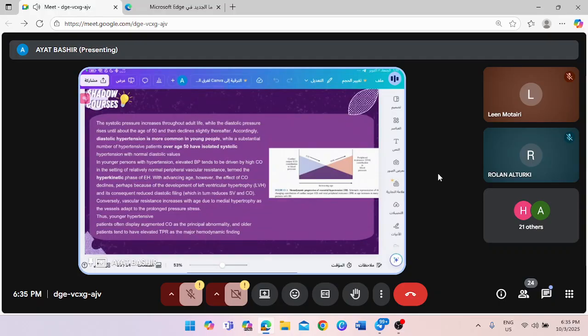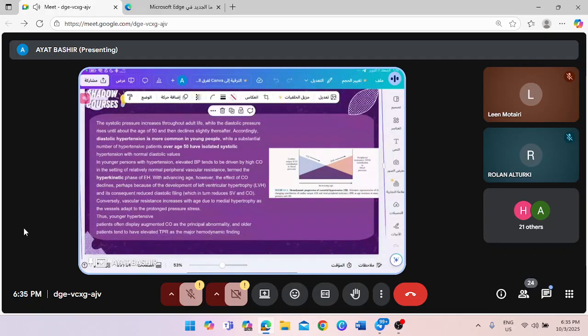So as we see here, diastolic hypertension is more common in young people, but people over 50 have isolated systolic hypertension, because the diastolic pressure rises until about age 50, but the systolic pressure will increase throughout life.